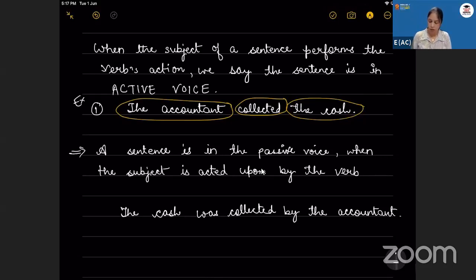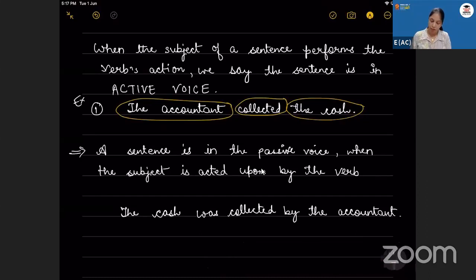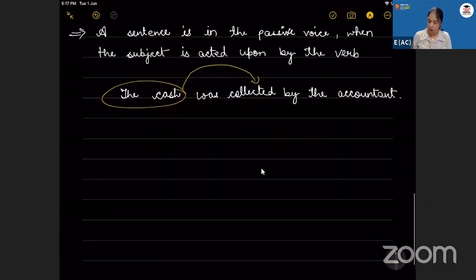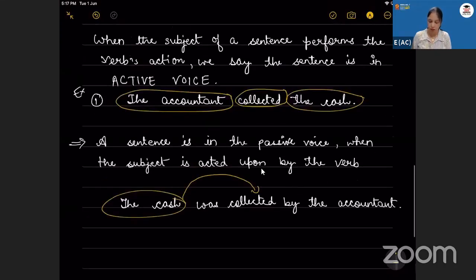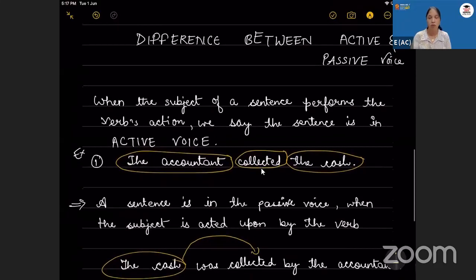According to the definition, in the passive voice, the subject, cash, is acted upon by the verb collected. That's why it is in passive voice. Fine? Clear? Just note it down. The difference between active and passive voice should be very clear to each and everyone.